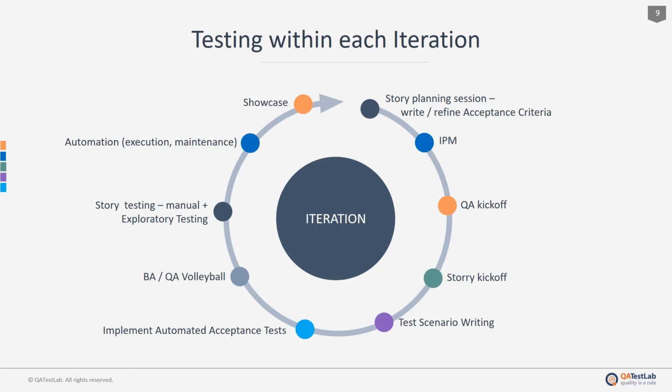This will ensure a quick turnaround time for testing each story. In many cases, the points to be included in the QA kickoff would actually be covered in the IPM itself, hence making this step redundant.